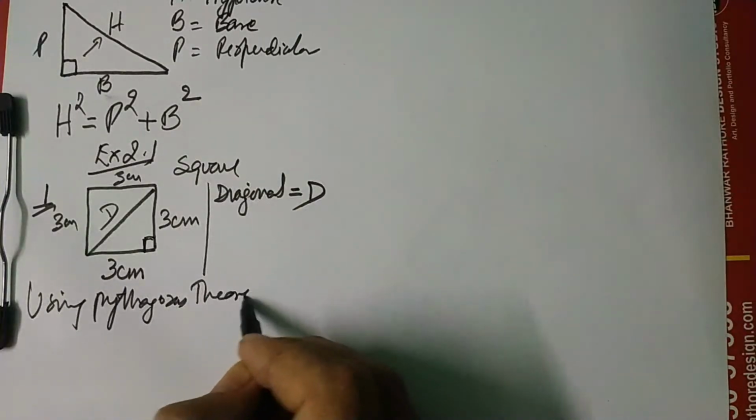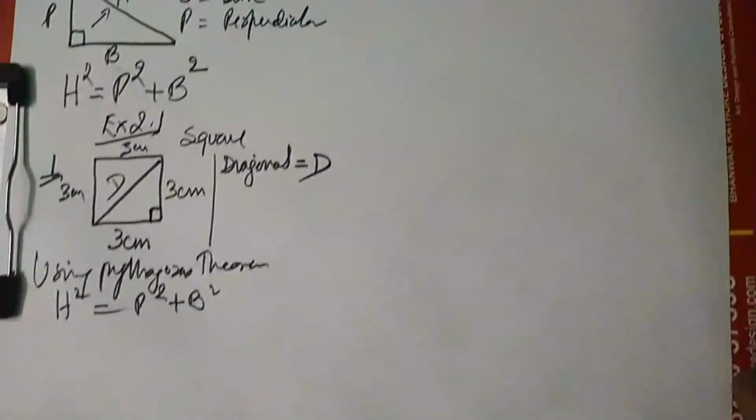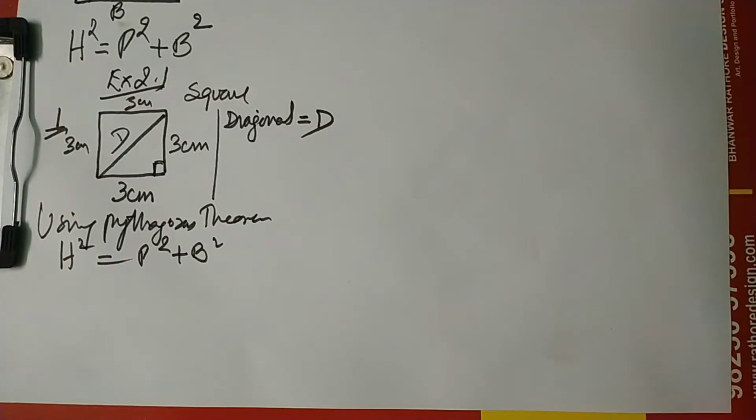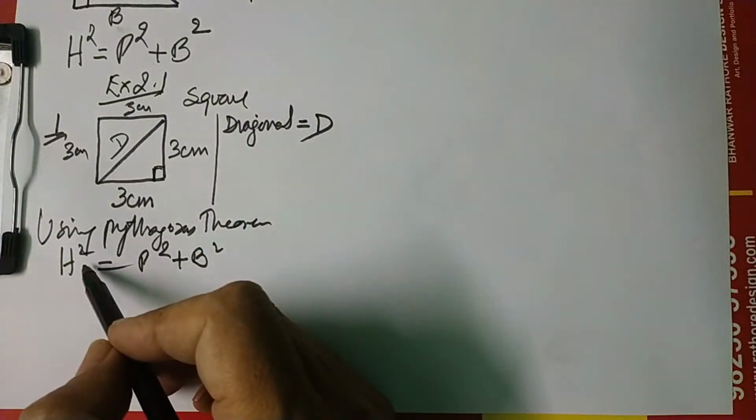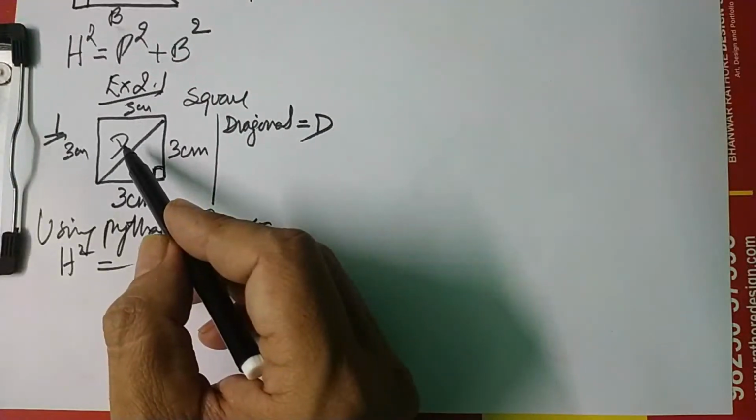So you will write it like this using Pythagoras theorem. You will write h square is equal to p square plus b square. Whenever you use it, you should write the Pythagoras theorem whichever you are using. And h means hypotenuse, which is d.